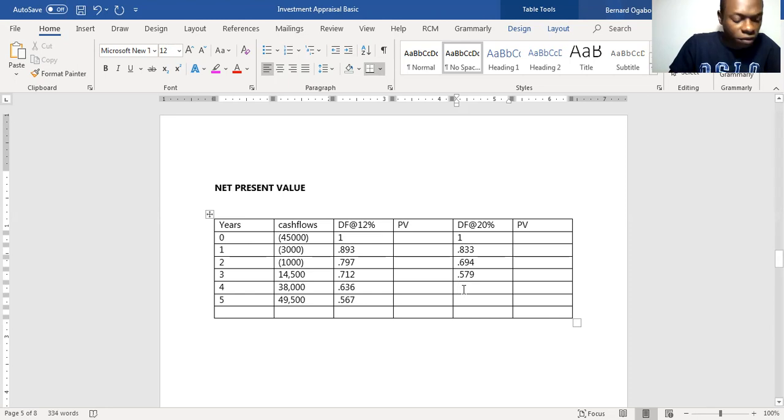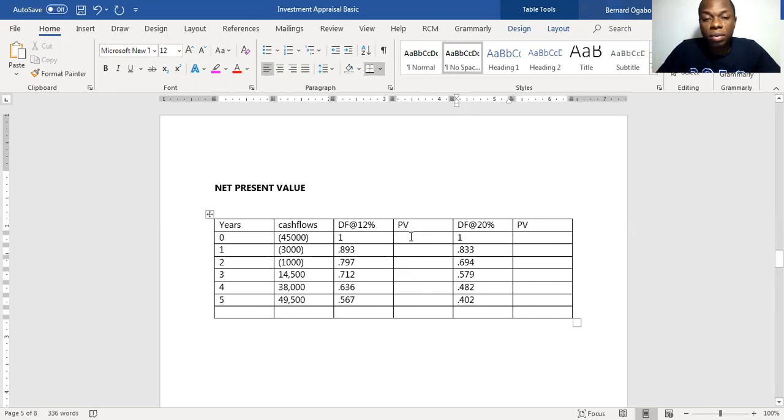Year 4, I have 0.482. Year 5, I have 0.402. So what I need to do now is to multiply this cash flow by this discount factor to give me the present value.